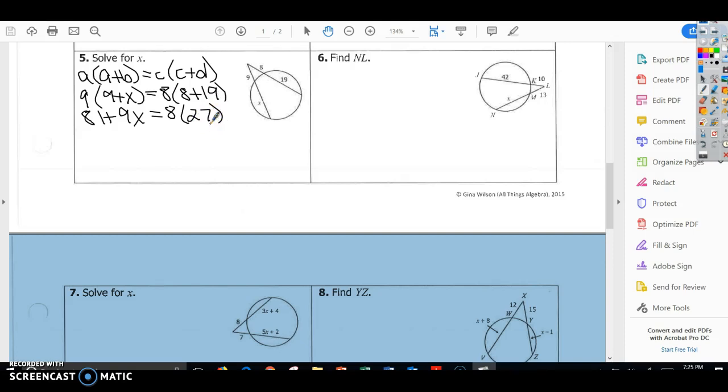All right, so 8 times 27, that's going to give me 216. And so I have 81 plus 9x, and then I have to subtract 81.